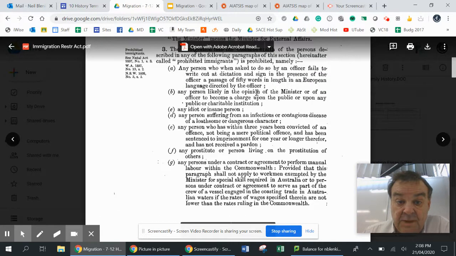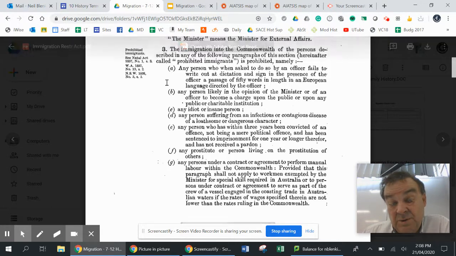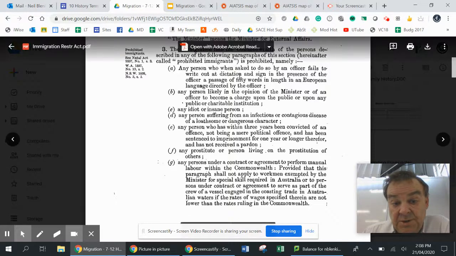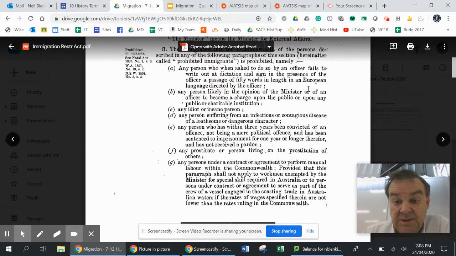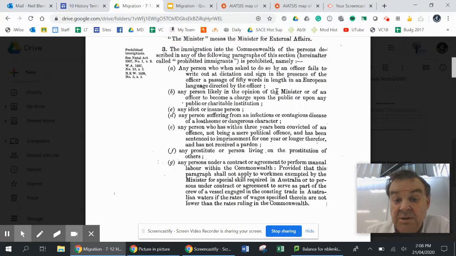Now, this first one, A, this is the really interesting one. Any person who, when asked to do so by an officer, fails to write out at dictation, sign in the presence of the officer a passage of 50 words in length in any European language directed by the officer.